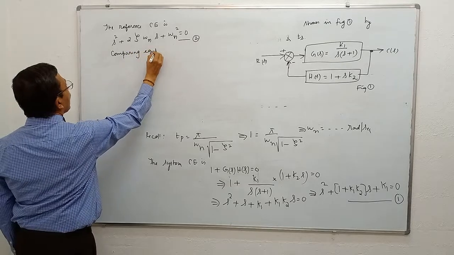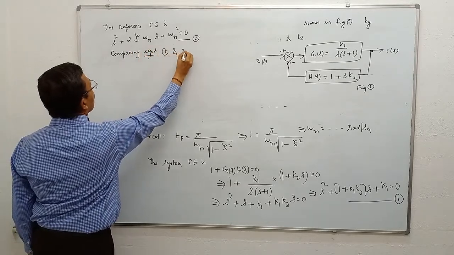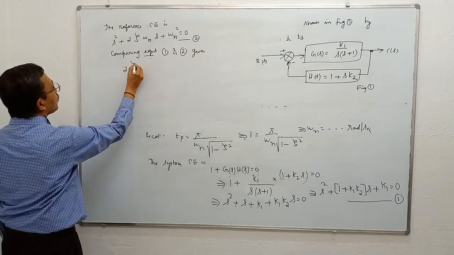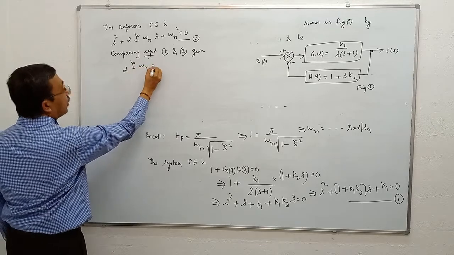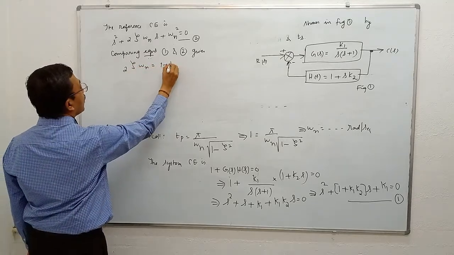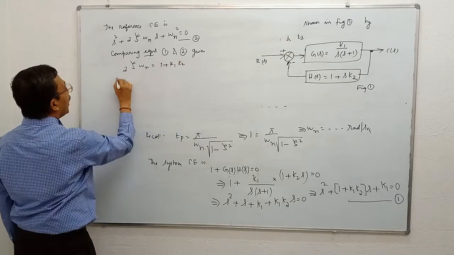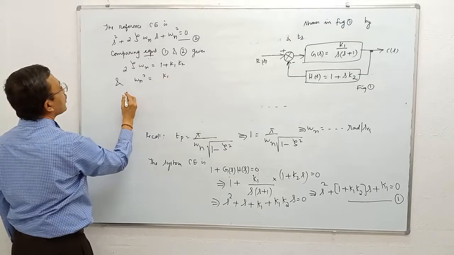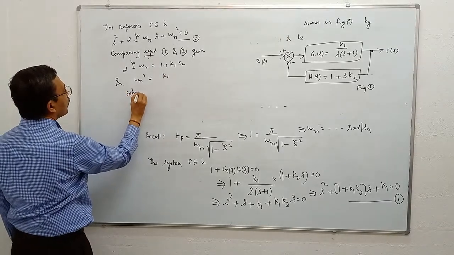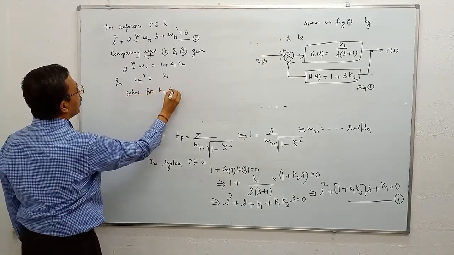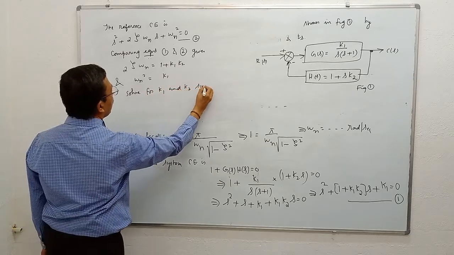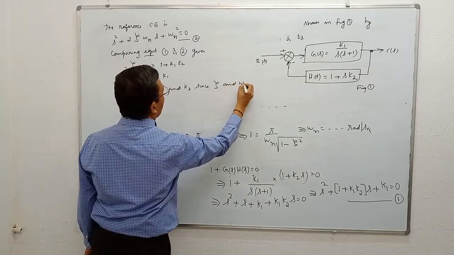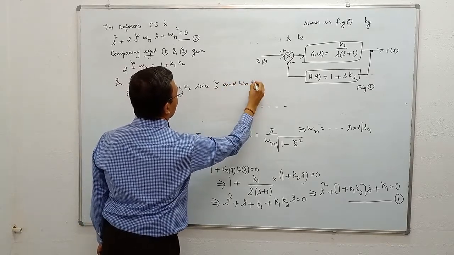Comparing equations 1 and 2 gives 2 zeta omega n is equal to 1 plus k1 k2, and omega n square is equal to k1. Solve for k1 and k2, since zeta and omega n are known.